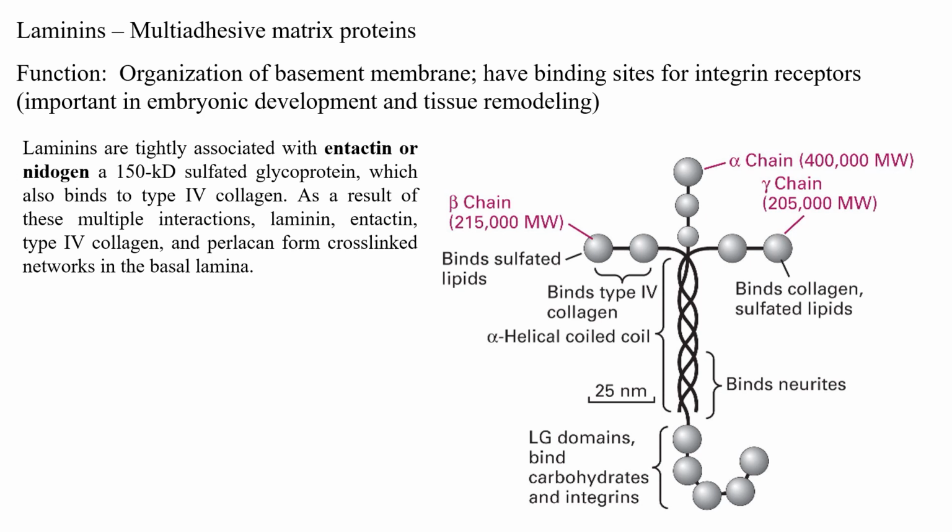Dystroglycan is a receptor for multiple extracellular matrix molecules such as laminin, agrin and perlecan, and also plays a role in linking the ECM to the actin cytoskeleton.